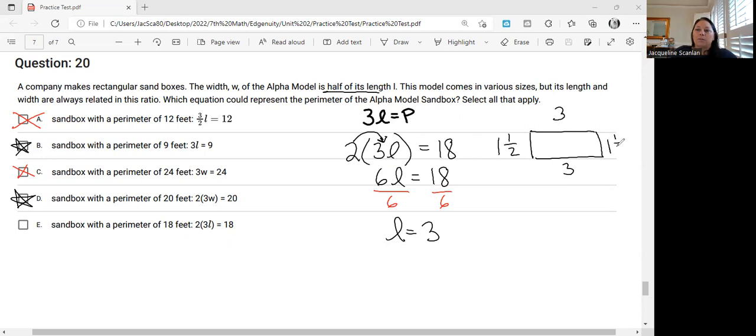All right, and then remember to find the perimeter. I'm going to add them all together. So I would do 1 1/2. I'm going to put the 1 1/2s next to each other, plus 1 1/2, plus 3 plus 3.